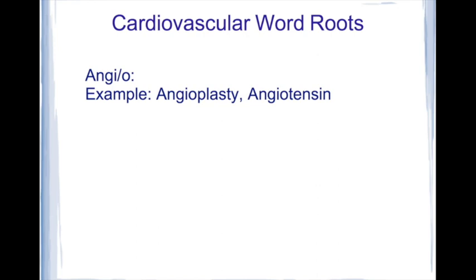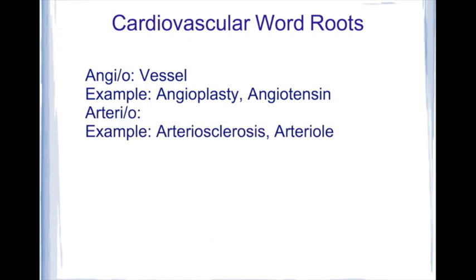What do those have to do with the body? Angio means vessel, a blood vessel specifically in the cardiovascular system. So angioplasty is repair of a blood vessel, like putting something like a stent inside of a blood vessel. And it doesn't have to be an artery. It doesn't have to be a vein. It can be either one. It's just vessel, so some type of vessel.